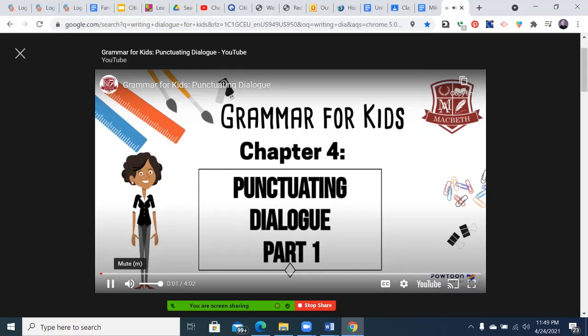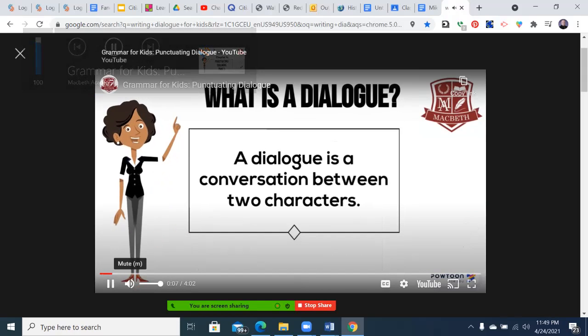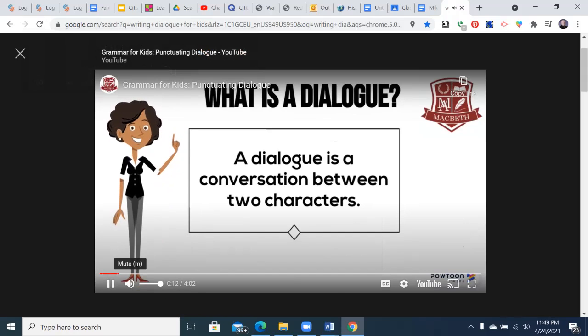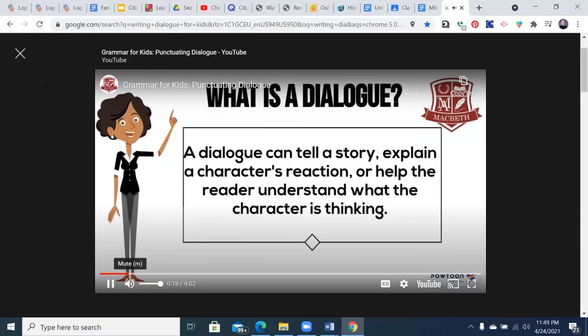The Grammar for Kids, Chapter 4, Punctuating Dialogue, Part 1. What is a dialogue? A dialogue is a conversation between two characters. A dialogue can tell a story, explain a character's reaction, or help the reader understand what the main character is thinking.